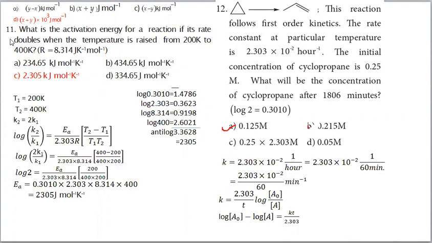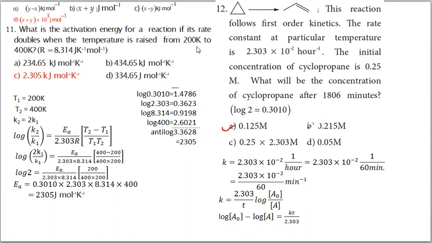Next question, question number 11. What is the activation energy of a reaction if its rate doubles when the temperature is raised from 200 to 400 Kelvin? R is equal to 8.314 joule per Kelvin per mole.